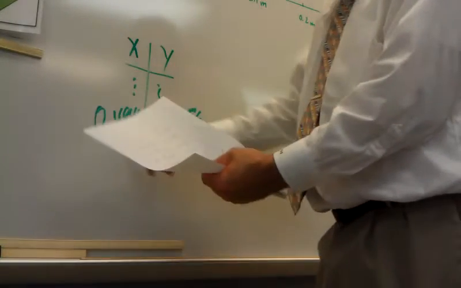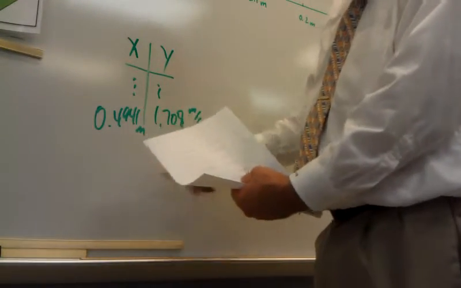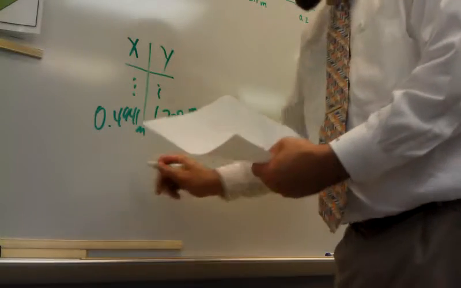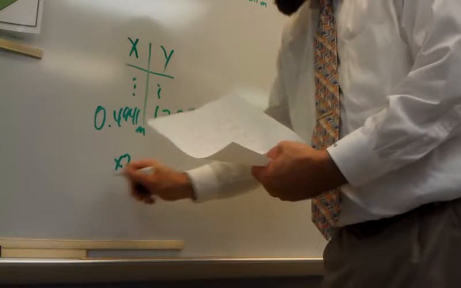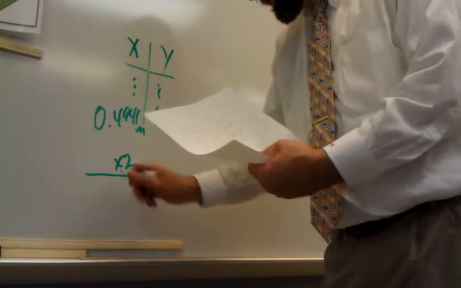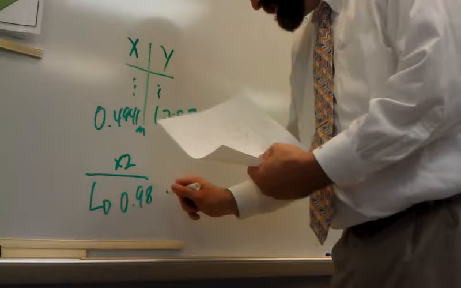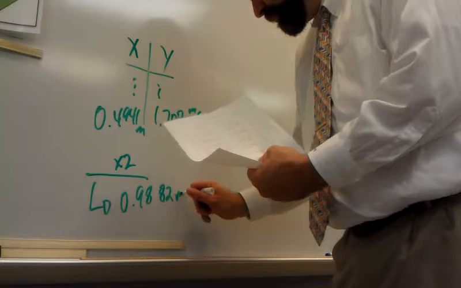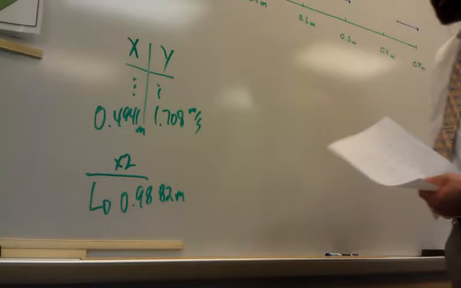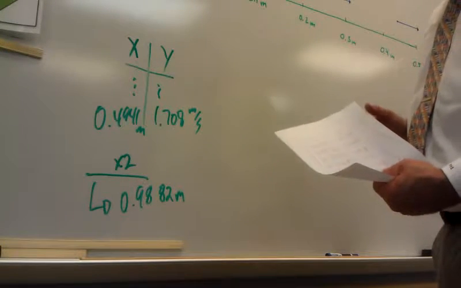Now, 0.4941 meters would be a little bit small, so I'm actually going to make the scale times 2. That means that number would become 0.9882 meters. So the x-coordinate for my first one is going to be 0.9882 meters.